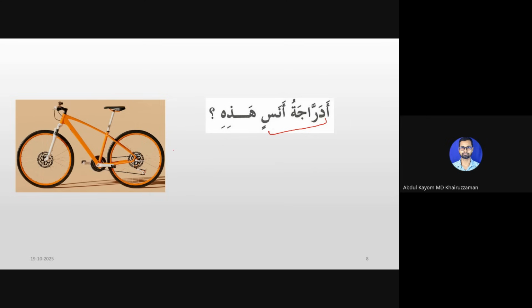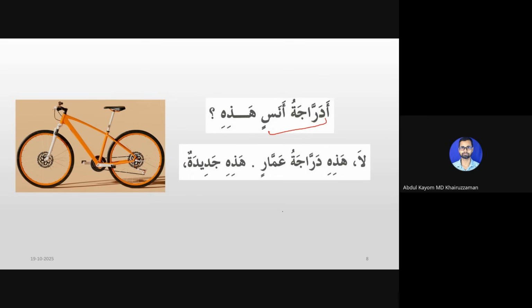The answer could be la, hadhihi darajatu ammarin. Darajatu ammarin means Ammar's bicycle, right? So we are saying no, this is Ammar's bicycle.